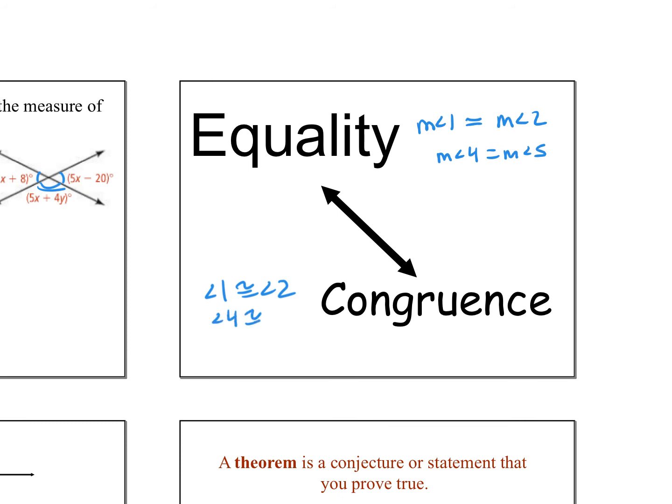Angle 4 is congruent to angle 5. The length of AB is equal to the length of CD. Segment AB is congruent to segment CD. So pieces of a diagram are congruent, but their measures are equal. So that's a connection between the two.